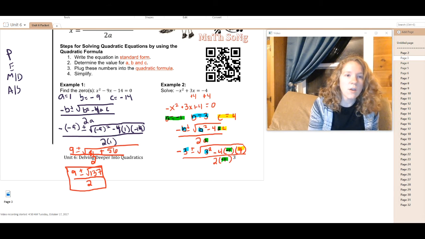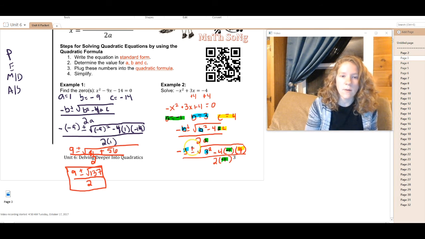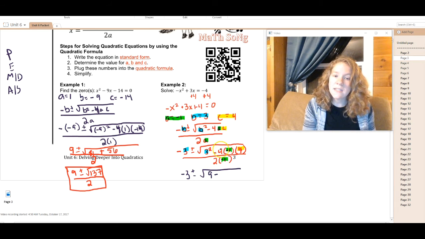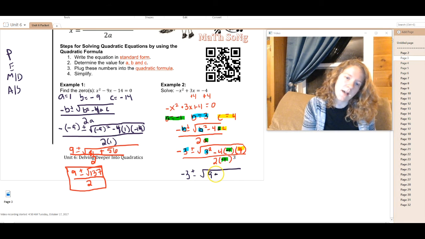All right, so now I get to go through and actually calculate what my answers are. There's no simplification that needs to happen here, so it's still just negative 3 plus or minus 3 squared is 9, minus 4 times negative 1 times 4. Negative 4 times negative 1 is positive 4, times 4 is positive 16.